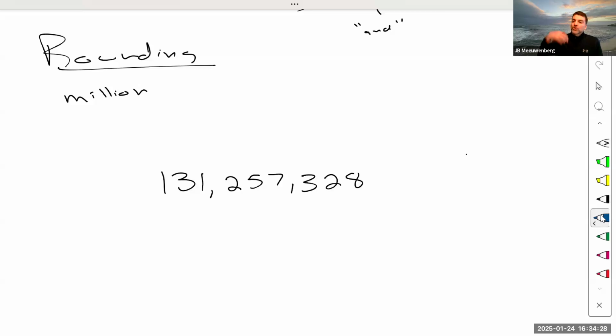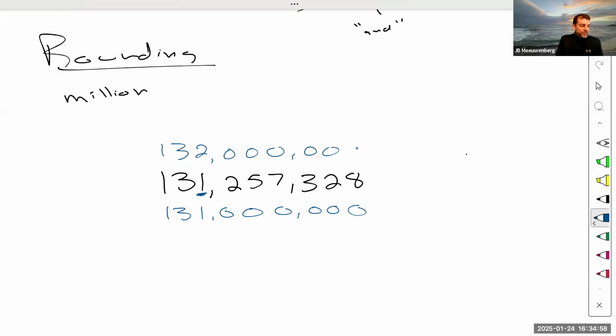One way, and again, you're trying to think about how might you teach this to younger learners. You could say, all right, well, the million place is right here. So what you can do is write below it and above it the nearest million, 131 million, and then all these would be zeros. Or above it is 132 million, and all these would be zeros.